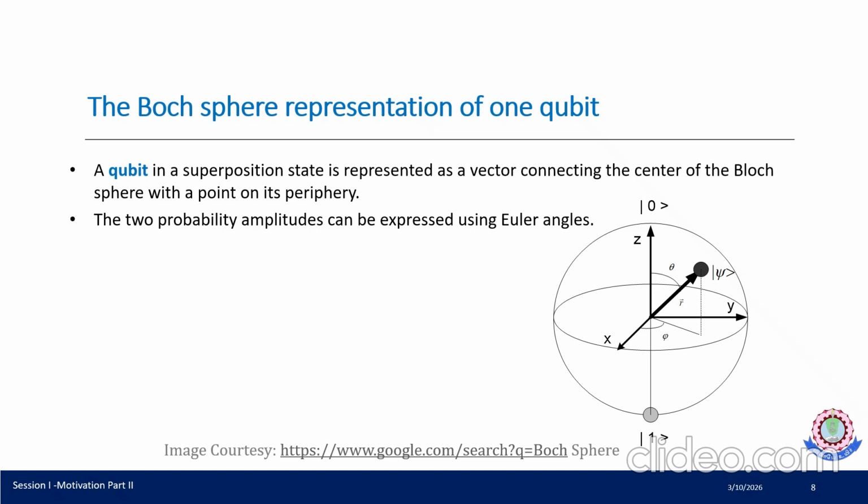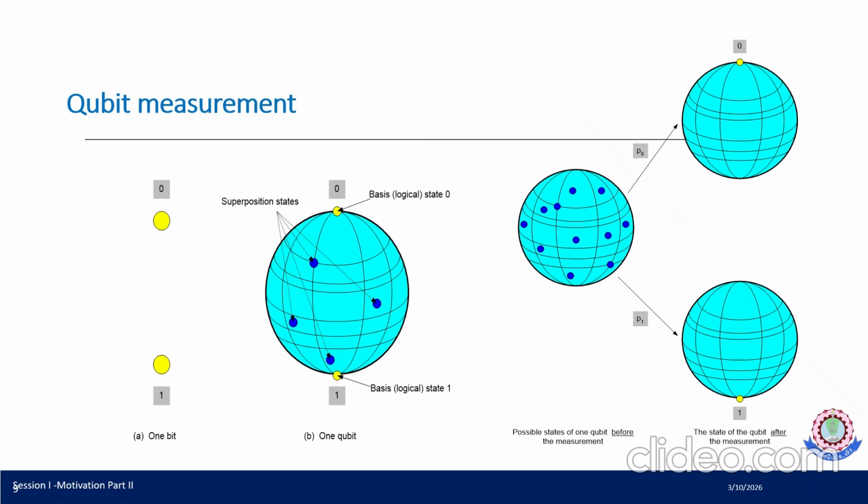The two probability amplitudes can be expressed using Euler angles. When this circle is rotated, the ket and bra angles make a transformation with the x-axis, y-axis and z-axis, which reveals half 0 and half 1, which will be viewed as either 0 or 1, or half 0 or half 1, based upon the reader's view.